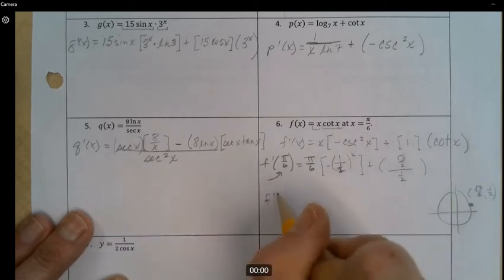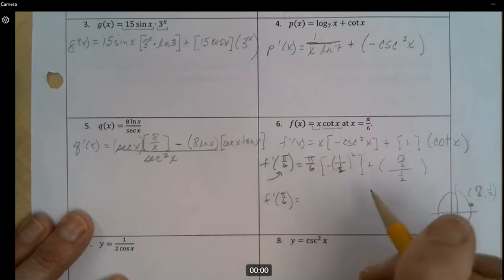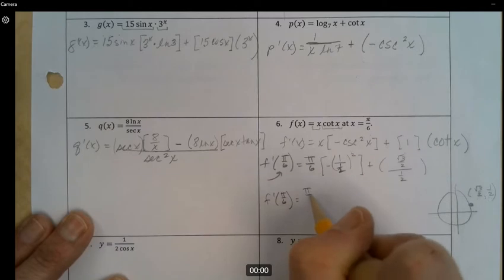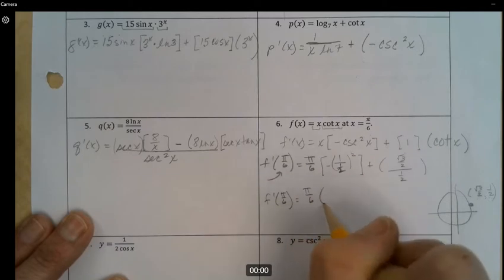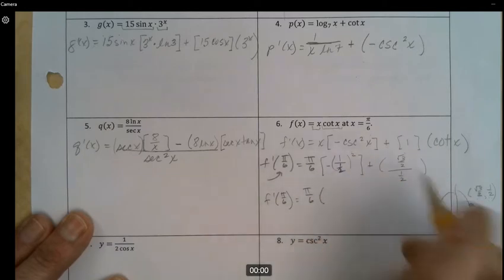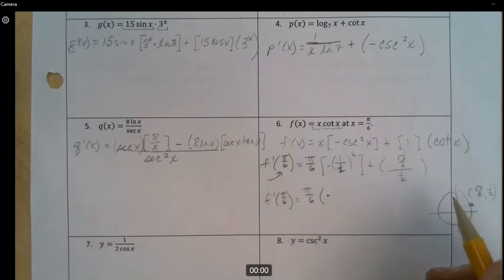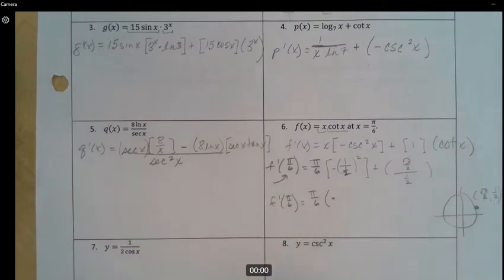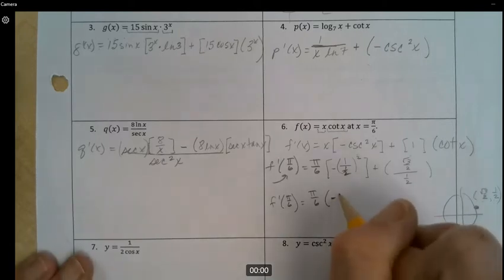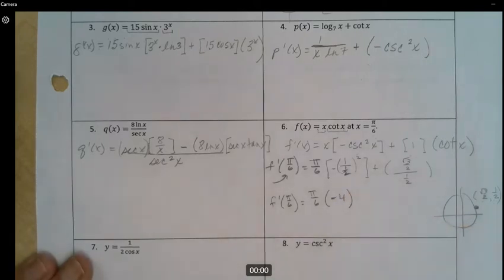So my derivative at pi over 6 is equal to my input value, pi over 6, times, this is going to be the opposite of this value squared. 1 divided by 1/2 is the same as 1 times 2. We're all okay with that? So 2 squared is 4, so that's -4.